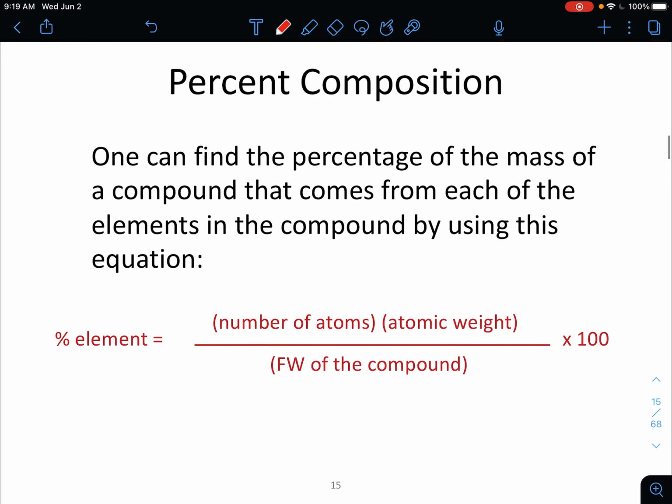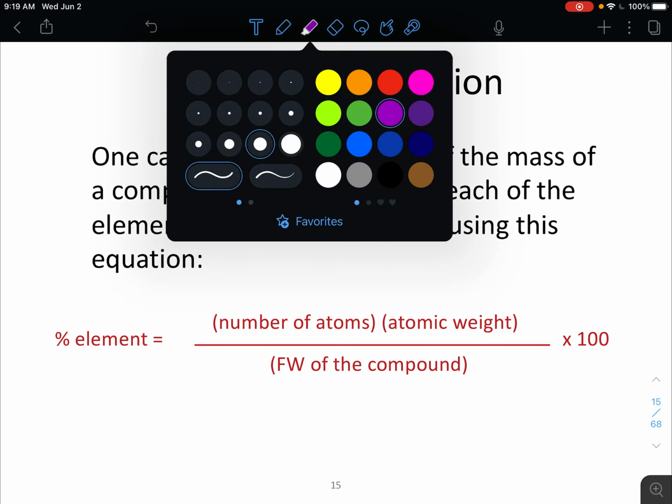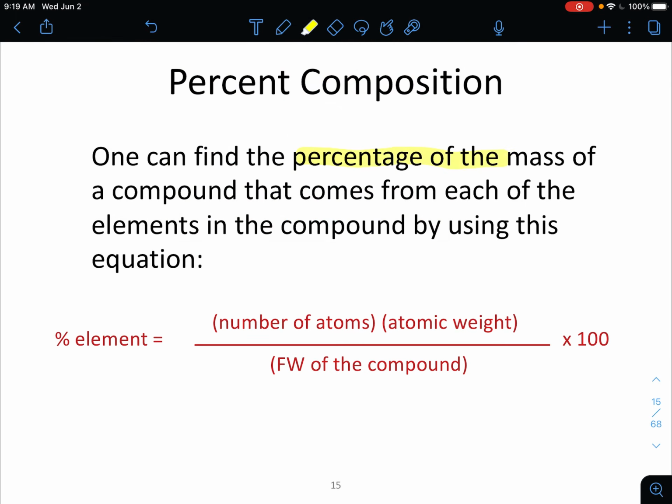So, percent by mass, or percent composition, kind of the same thing. What we're interested in talking about is the percentage of the mass of a compound that comes from each of its elements.